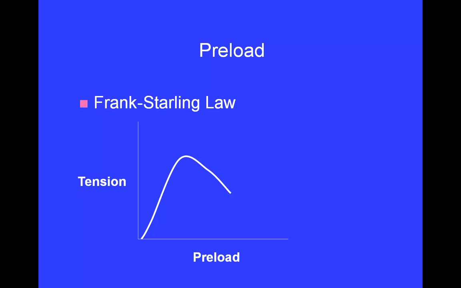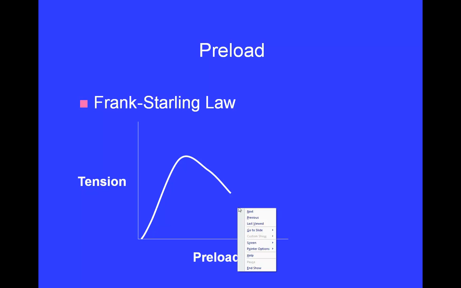So we're going to go back and look at preload again, and there's a very important law called the Frank-Starling law that relates to what we talked about earlier, in that if we pre-stretch a muscle, if you lengthen a muscle before contraction, it can generate more force, or in this graph, more tension.